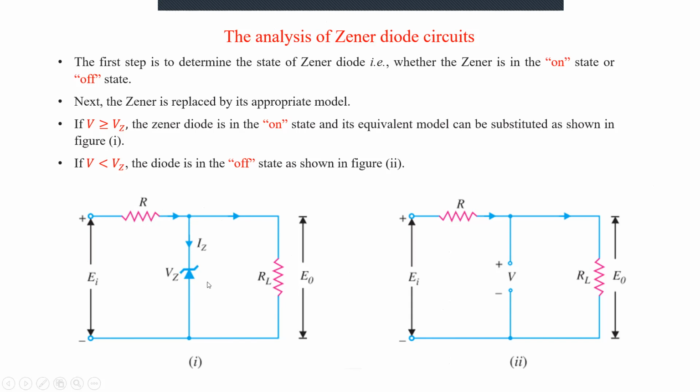Once the Zener diode starts to conduct electricity, it is in the on state. This circuit shows the Zener diode in the on state when input voltage is greater than or equal to Vz. Then the current will start to flow through the Zener diode, but the voltage across the diode remains constant. The same voltage will appear across the load resistance, so that the output voltage E naught will be equal to Vz.